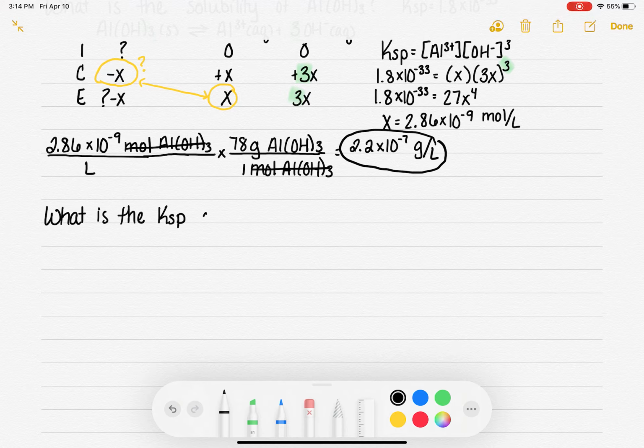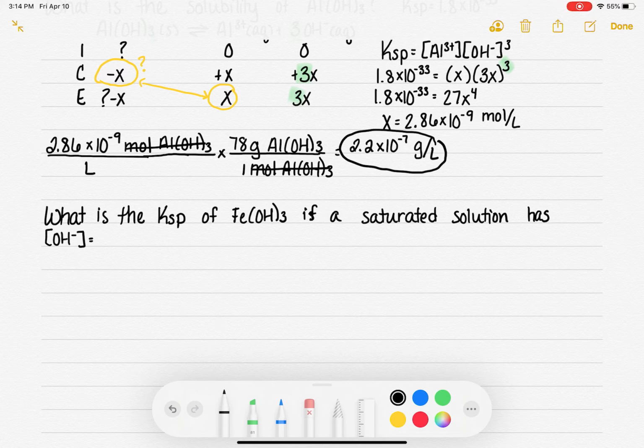What is the Ksp of iron(III) hydroxide if a saturated solution has hydroxide concentration that is equal to 1.35 times 10 to the minus 9 molar?